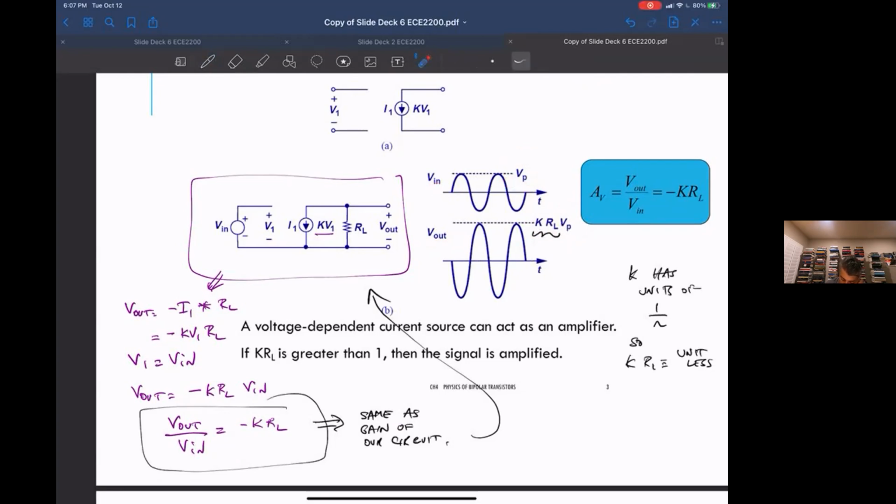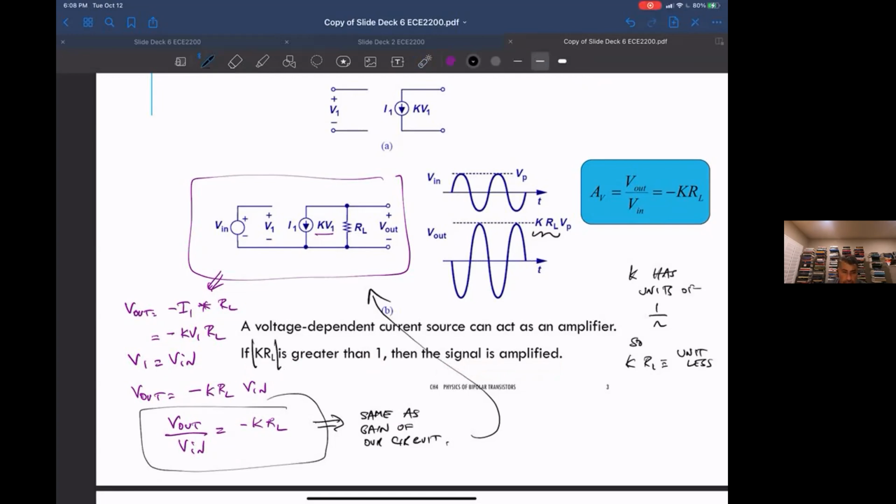Okay, as long as the absolute value of K times R sub L is greater than 1, then the circuit is an amplifier. I want to put this absolute value sign here because if K R sub L is a negative value, it's okay.